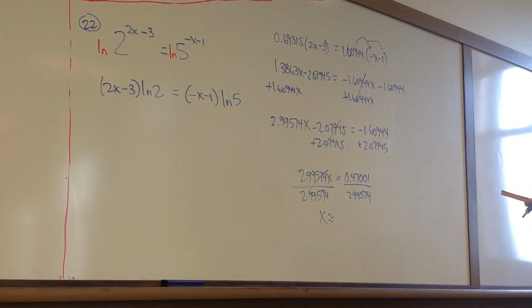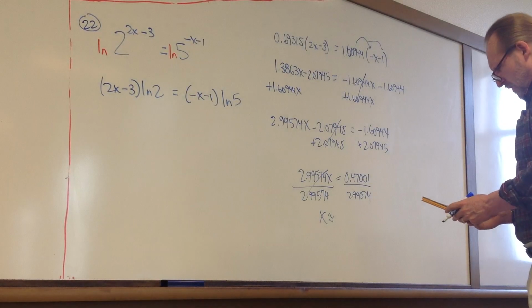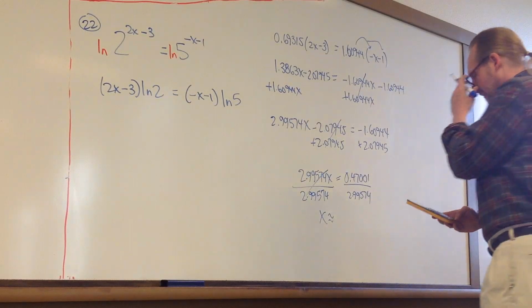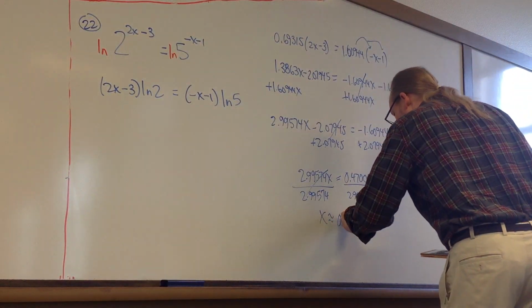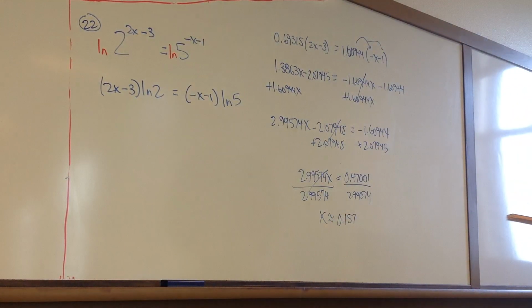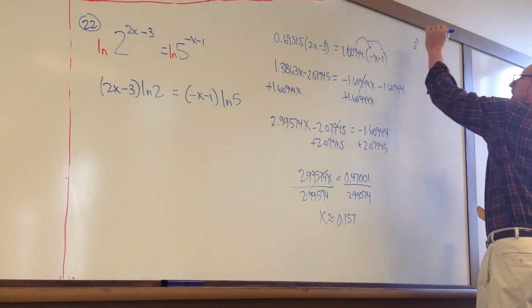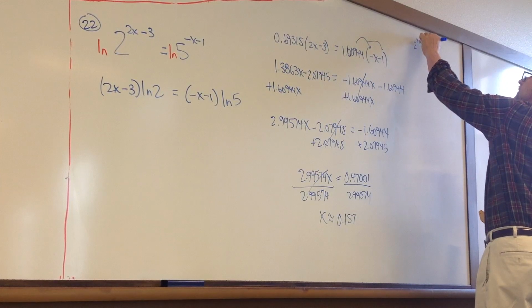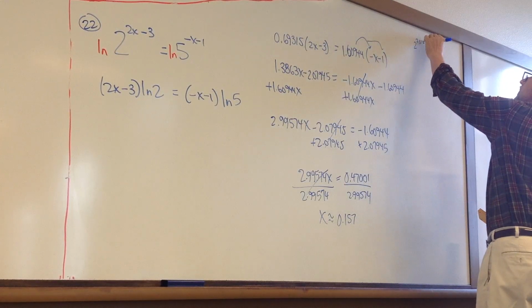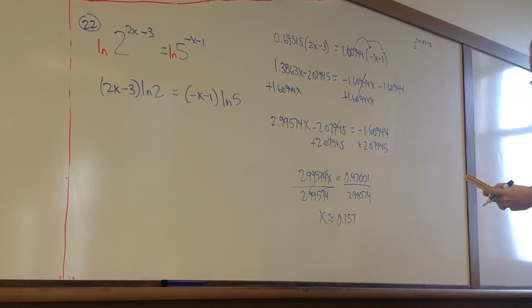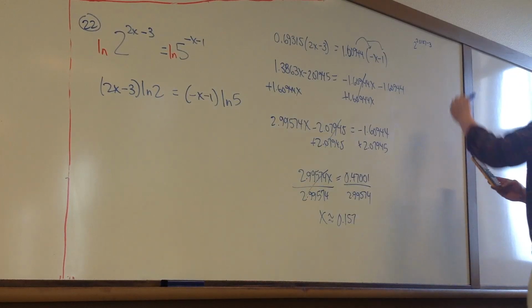Let's see here. So divided by 2.99574, about 0.157 is a good approximation. So let's see here. Let's do 2 times 0.157 minus 3. And I'll just leave it at that. I'm not going to calculate what that is. And let's see.